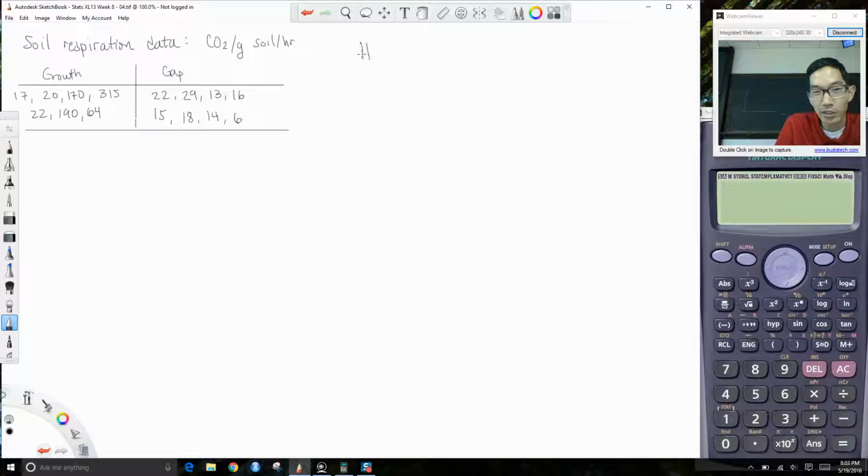Here our null hypothesis would be that the distribution of the populations corresponding to the growth data and the gap data have the same distribution.